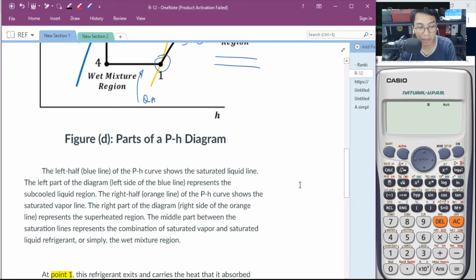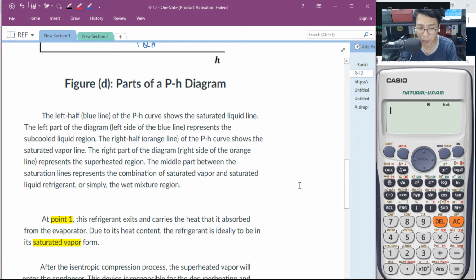The middle part between the saturation lines represents the combination. So that means it is the wet mixture region. Now, at point 1, the refrigerant exits and carries the heat that is absorbed from the load of the evaporator. Due to its heat content, the refrigerant is ideally to be in the saturated vapor form.